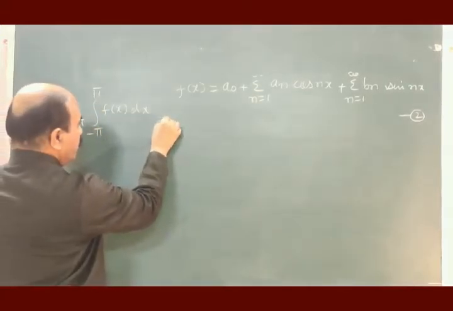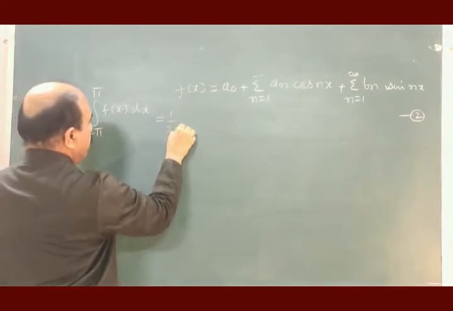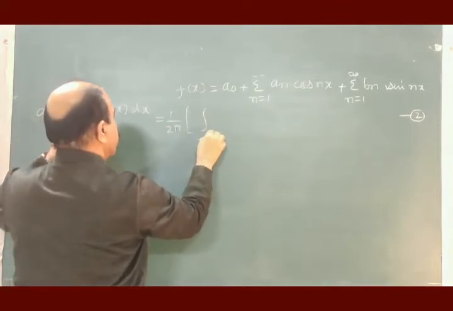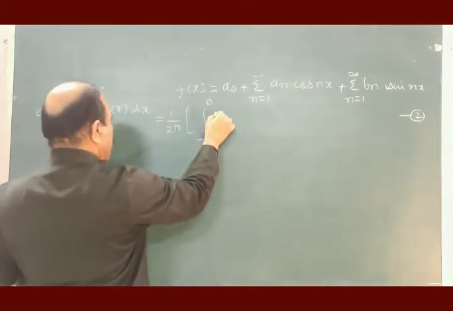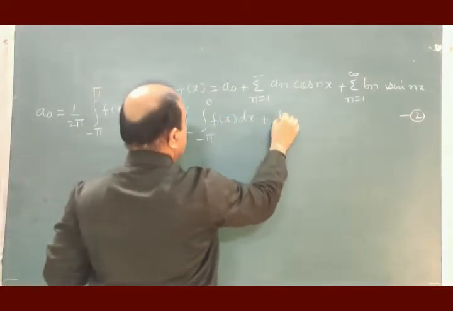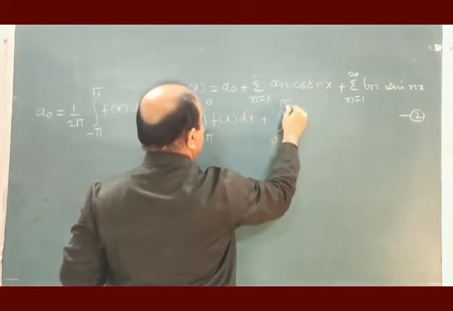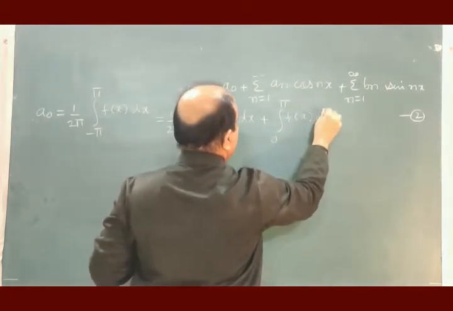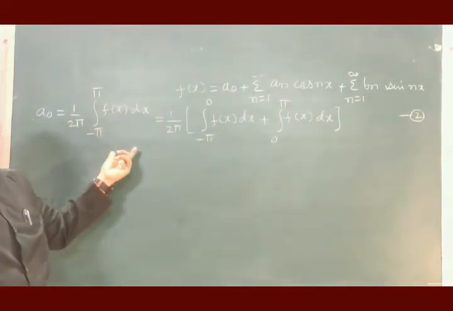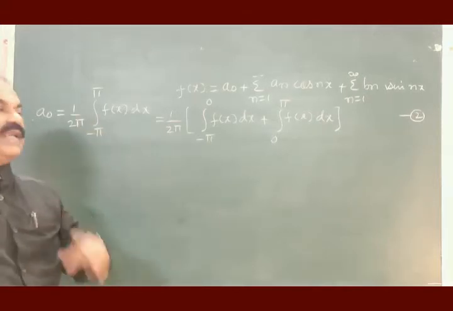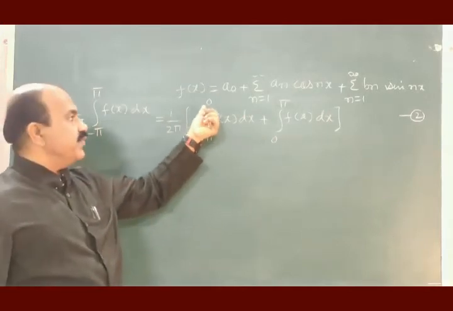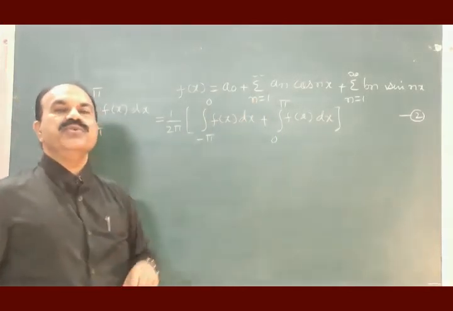This is 1 divided by 2 pi into, in the square bracket, integration from minus pi to 0 f of x dx plus integration over 0 to pi f of x dx. This integration within the limits minus pi to pi is split into two integrations: limit minus pi to 0 plus limit 0 to pi.